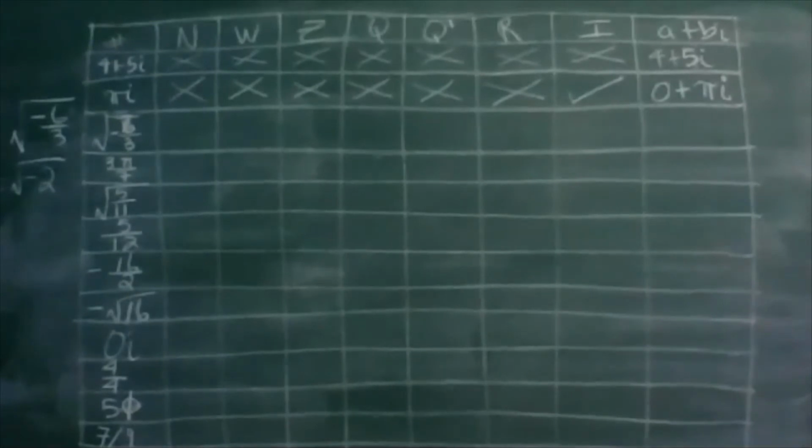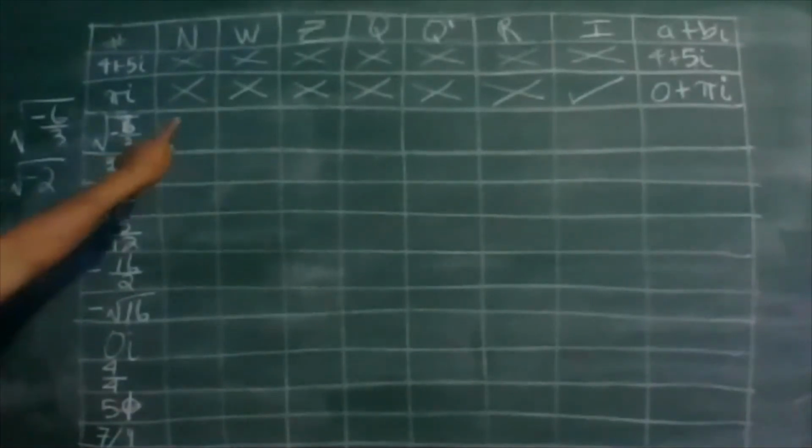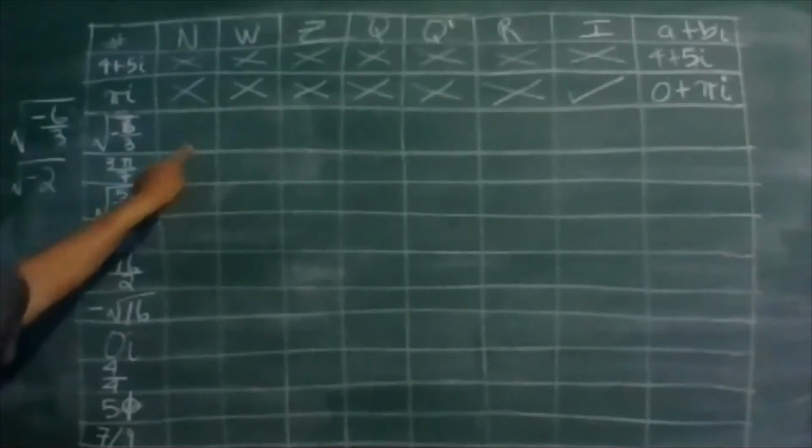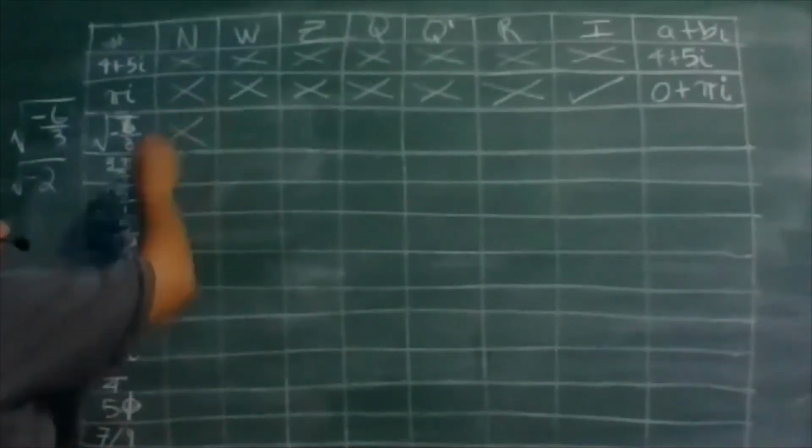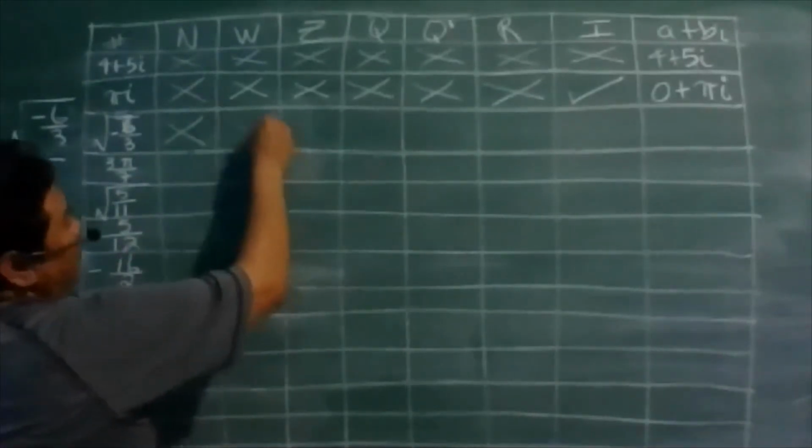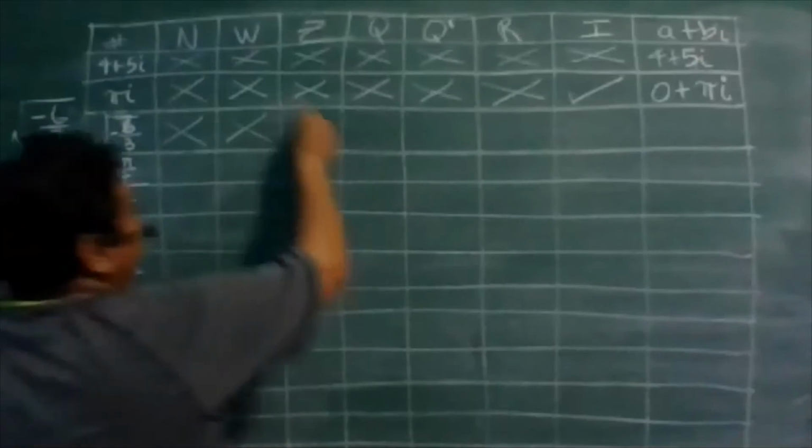Right? So is the square root of -2 natural? The answer is no, it's not. Is it whole? Once it's not natural, then it will not be whole. If it is not whole, then it's kind of difficult for it to be an integer.